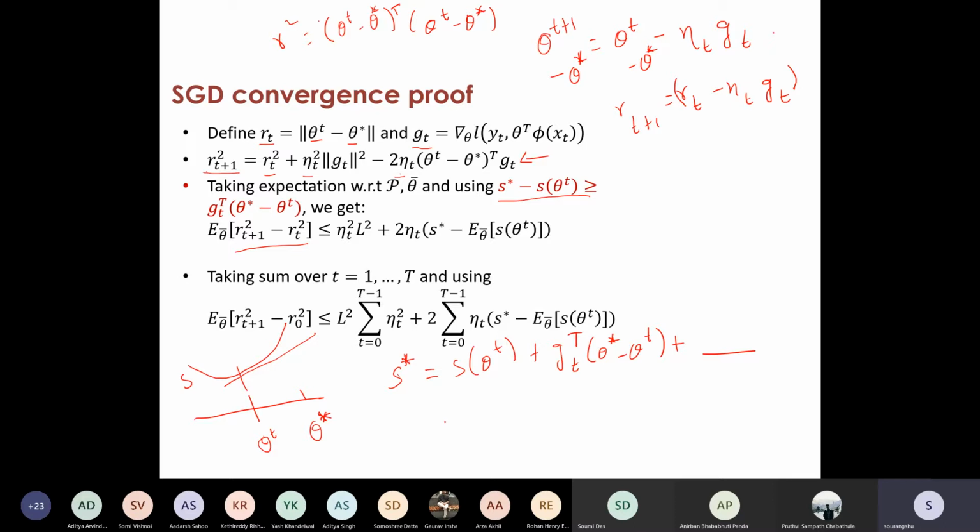So you get that S star minus S of theta t is always greater than or equal to GT transpose theta star minus theta t. Now you substitute this: you have GT transpose theta t minus theta star, an upper bound on that, so you substitute that.